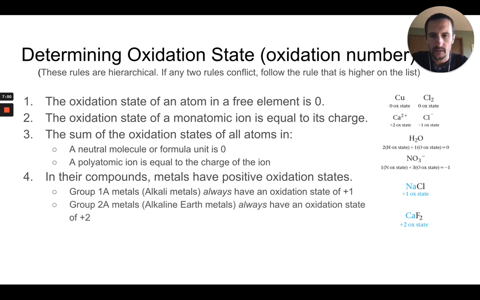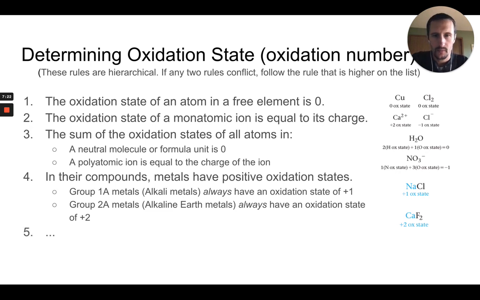Group 2A, the alkaline earth metals, always have an oxidation state of +2. Those are automatic. If you have those metals in compounds, then you know what their oxidation states are.